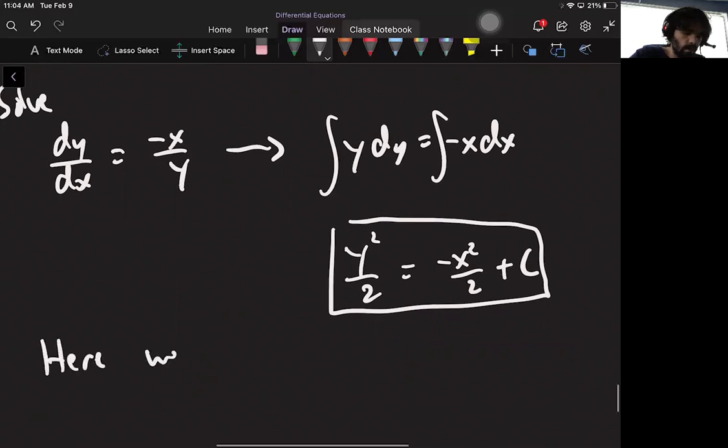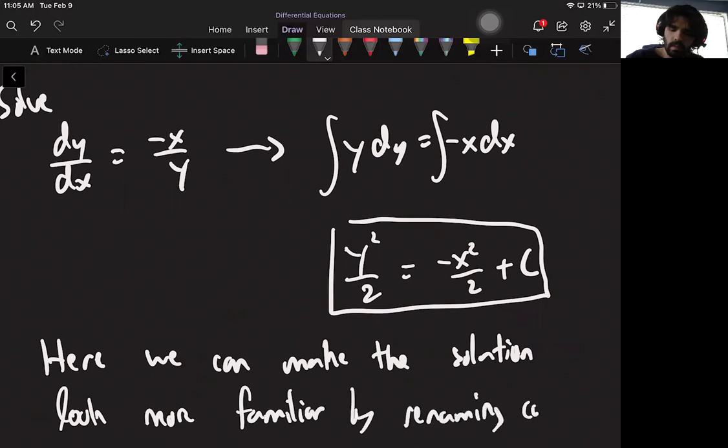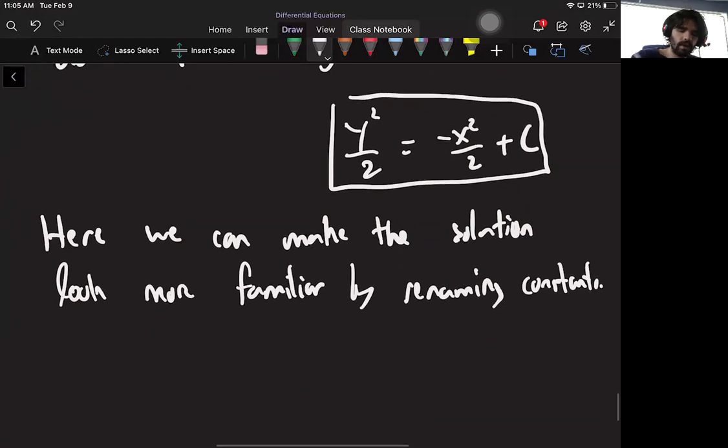So here, you can make the solution look a bit more familiar by renaming the constants. So first, let's multiply by 2 on both sides.